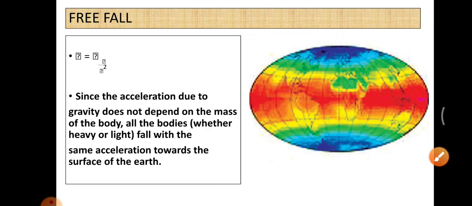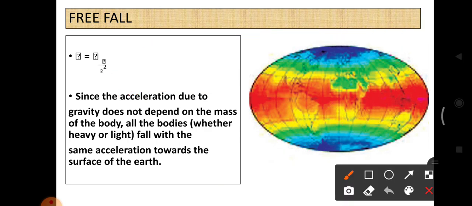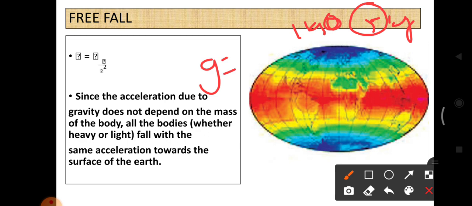This is the object, a small stone, and this is a big stone. It has a mass of 5 kilograms. This has a mass of 1 kilogram. But the acceleration due to gravity, g, does not depend on the mass of the object.